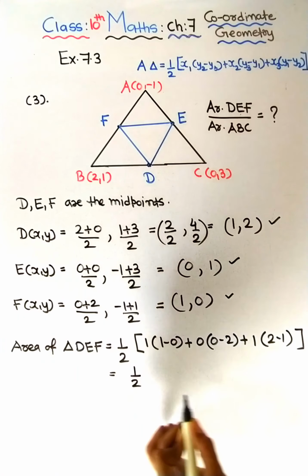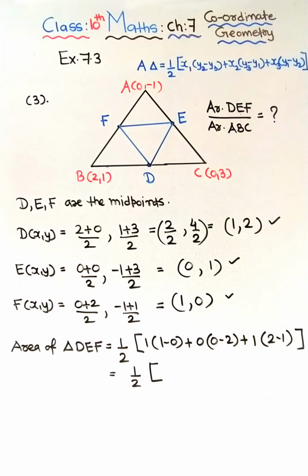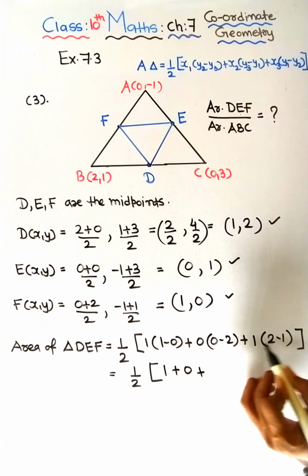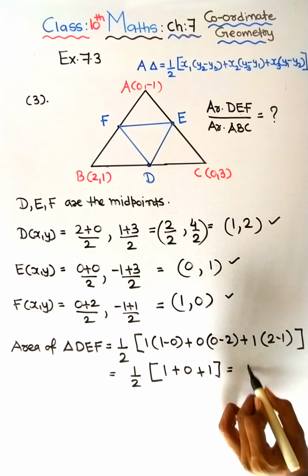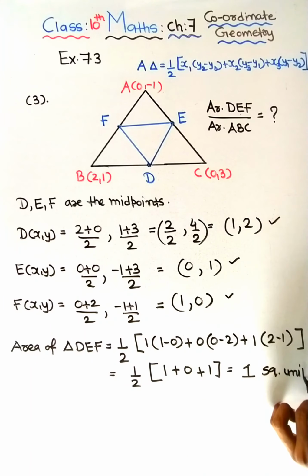So here it is 1 by 2 in the bracket. 1 into 1 minus 0, that is 1. 0 into anything will be 0, and 1 into 2 minus 1 is 1. That means it is 1 by 2 into 2. So the area is 1 square unit.